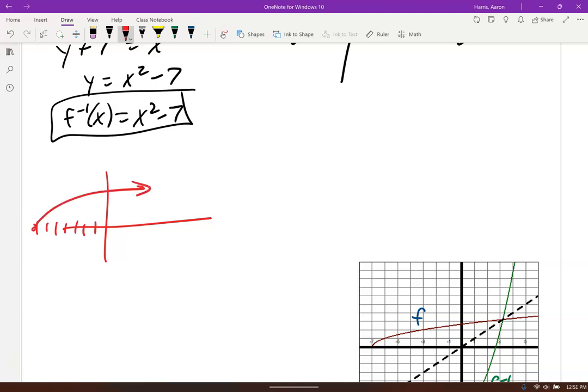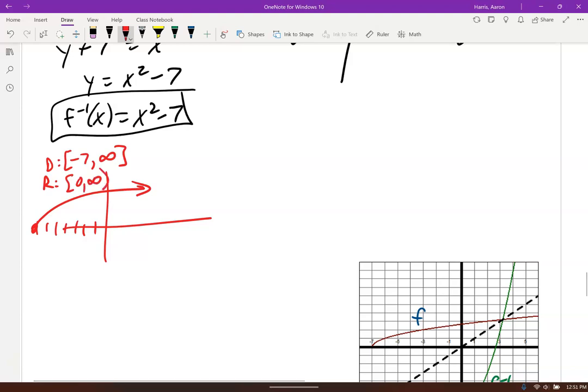So its domain is from -7 on. But if you notice, its range is from y being 0 up. Its range is from 0 up.